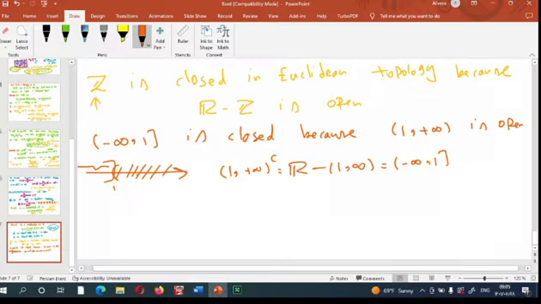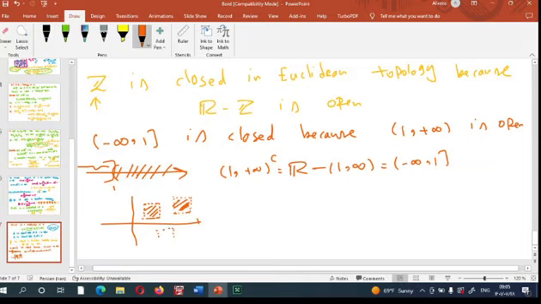So you can take many examples of open sets and closed sets. For example, if we consider n equal 2, then any union of these squares is an open set.